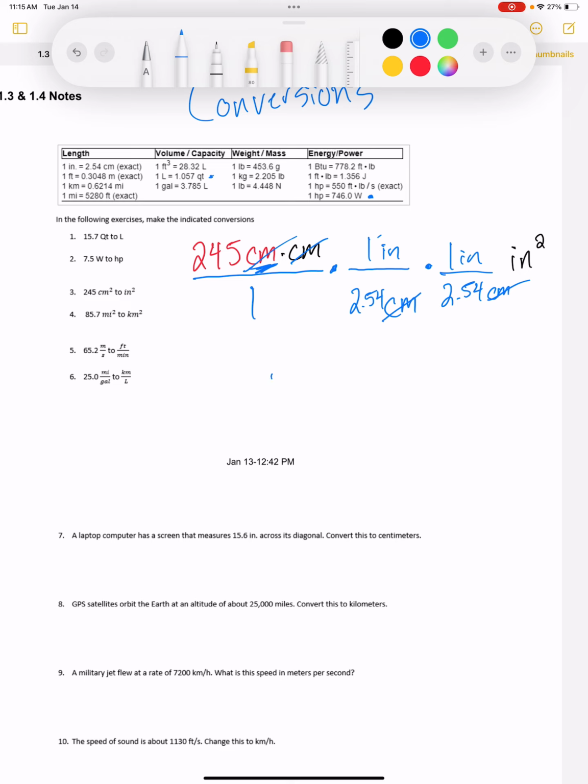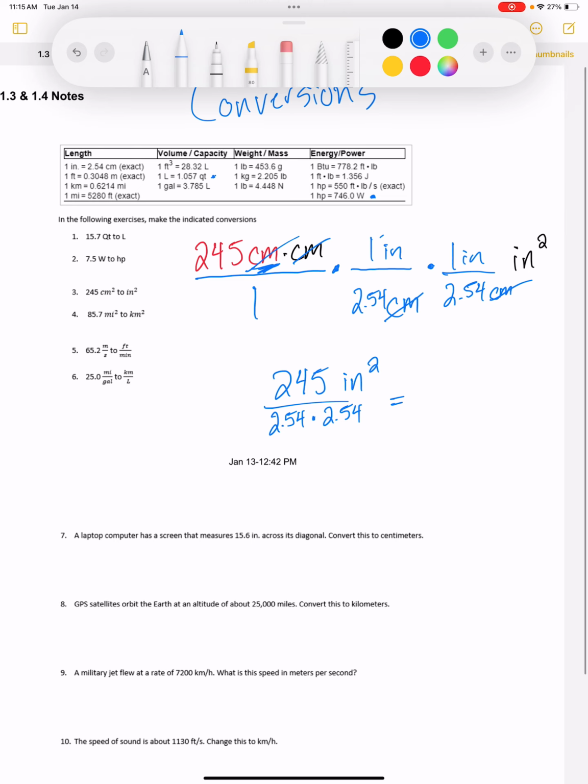So I know this is going to be 245 times 1 inch. So inches squared divided by 2.54 times 2.54, right, equals 245, 2.54 times 2.54, and that gives me 37.975 inches squared.